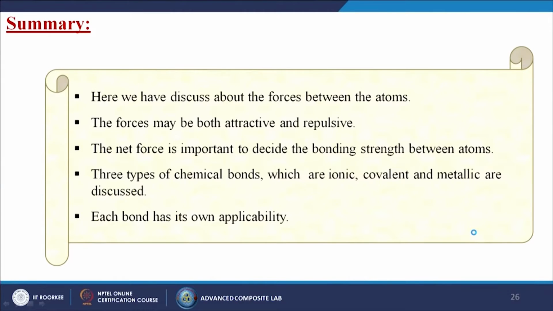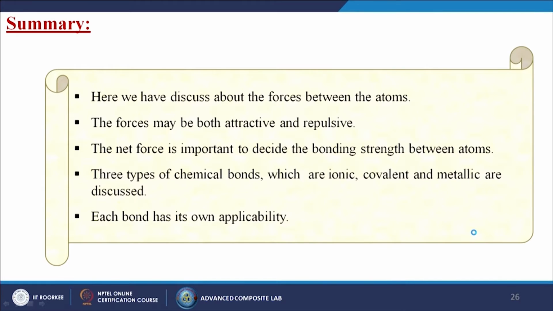So now we have come to the last part of this particular lecture. It is time to summarize the whole lecture. Here mainly we have discussed the forces between atoms, different types of forces like hydrogen bonds and van der Waals forces. The forces may be either attractive or repulsive in nature. The net force is important to decide the bonding strength between the atoms.